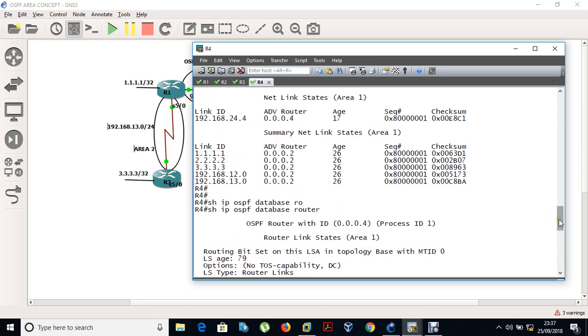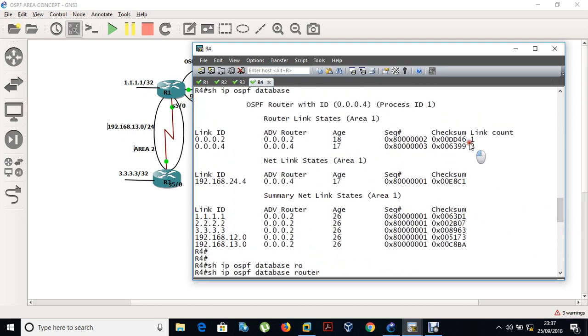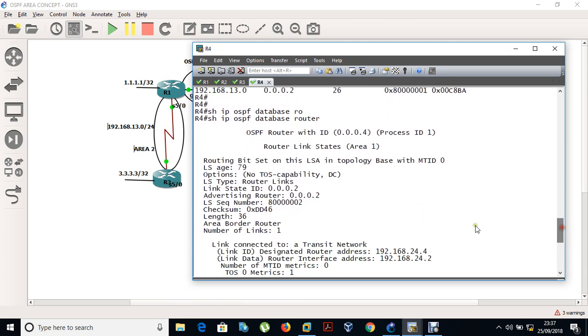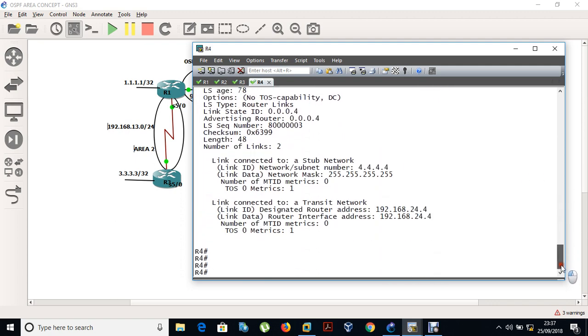And R2 is advertising 1, and R2 is advertising 4. So R2 was advertising this link and just this link, and R4 is advertising 2, and the 2 is its loopback, a connected interface.